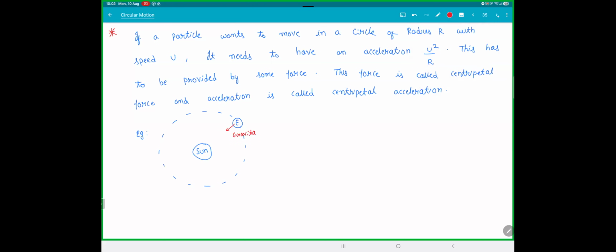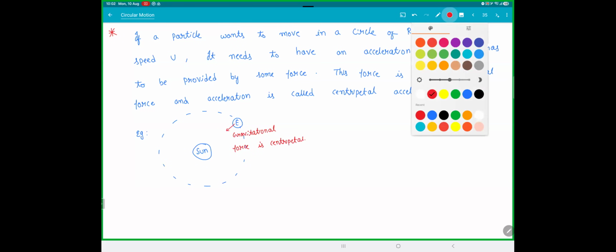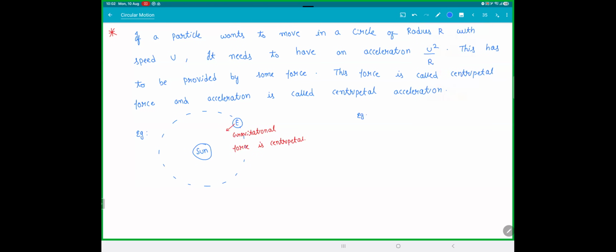Don't think gravitation is separate and centripetal force is separate. Gravitational force is centripetal. Suppose you take a block with a string and it is going in a circle. The tension in the string is a centripetal force.